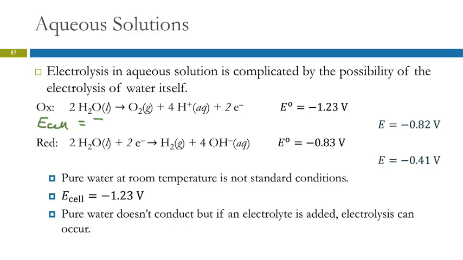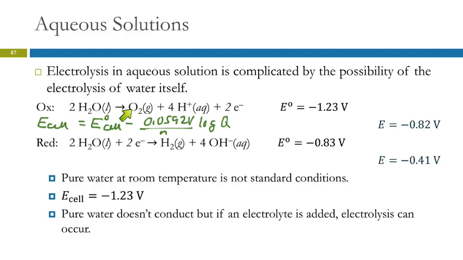E cell equals the standard potential minus 0.0592 volts over n times the log of Q. Here's our standard potential. Calculating Q, we'll put in 10 to the minus 7 for the hydrogen ion.